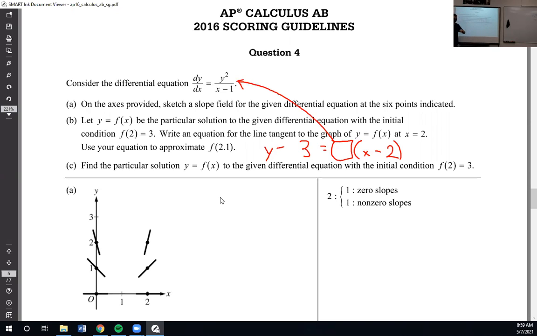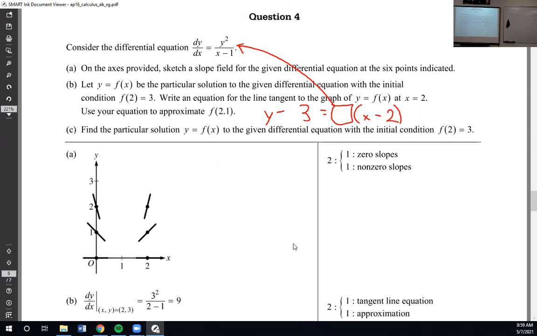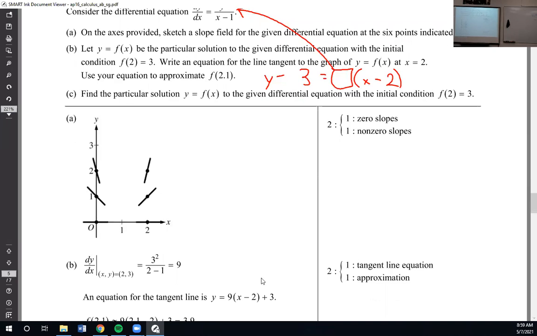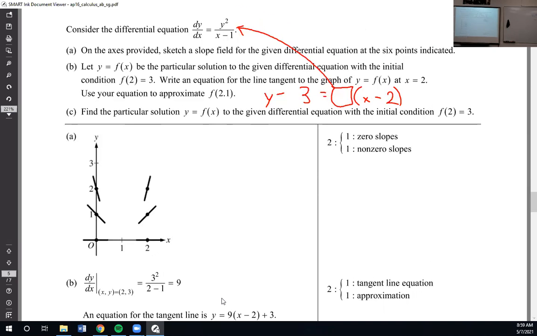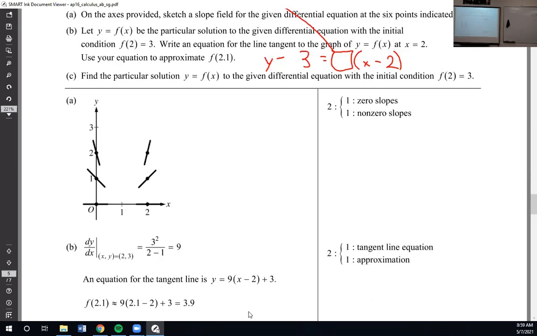The derivative, dy/dx. We're going to find dy/dx when x is 2 and y is 3, which is 9, and that goes in for our slope. Then it asks us to use that line to estimate f of 2.1. So we're going to take 2.1, put it in for x, and see what y is.